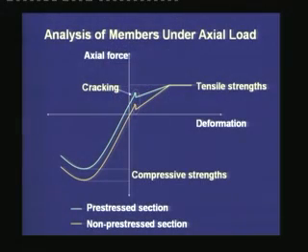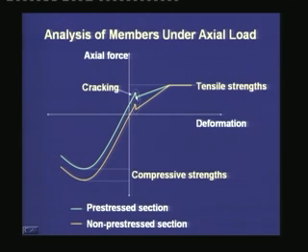Then the axial force increases with the deformation till it cracks, and what we observe is that this cracking level is much higher compared to the cracking level for a non-prestressed section. That is the beauty of a prestressed member, that the cracking level is much higher than the non-prestressed member.